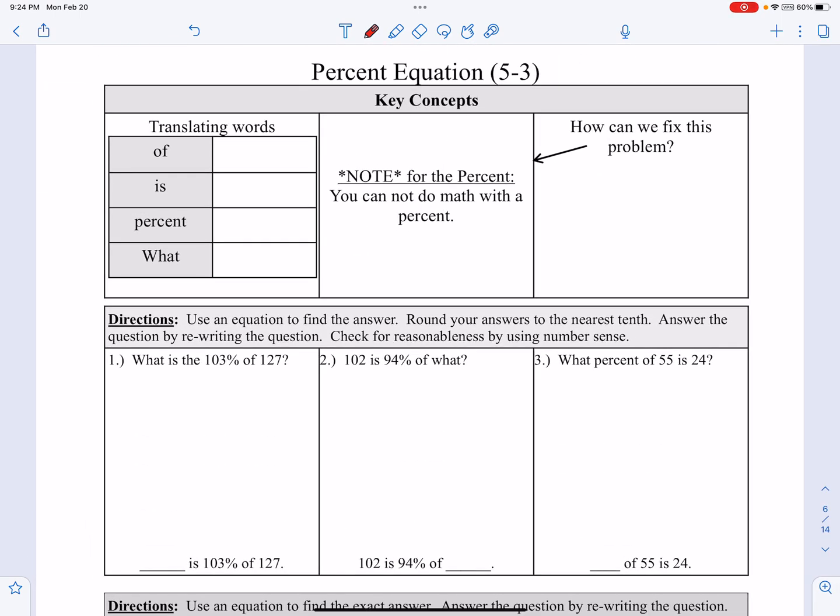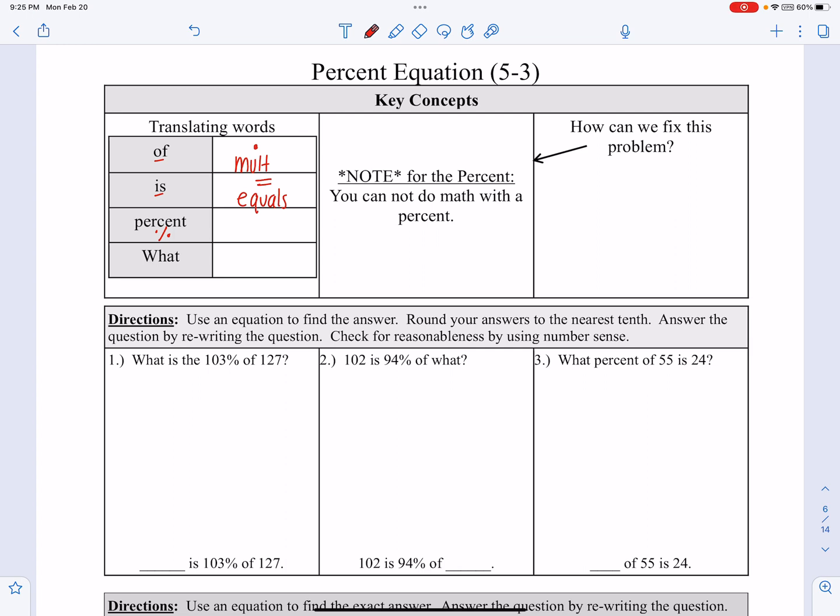Now, first thing to be aware of, and a lot of you know this already, is that when we're translating percents, the word "of" is going to represent multiplication. The word "is" is going to represent an equals symbol. You might see the word percent or the actual percent symbol.